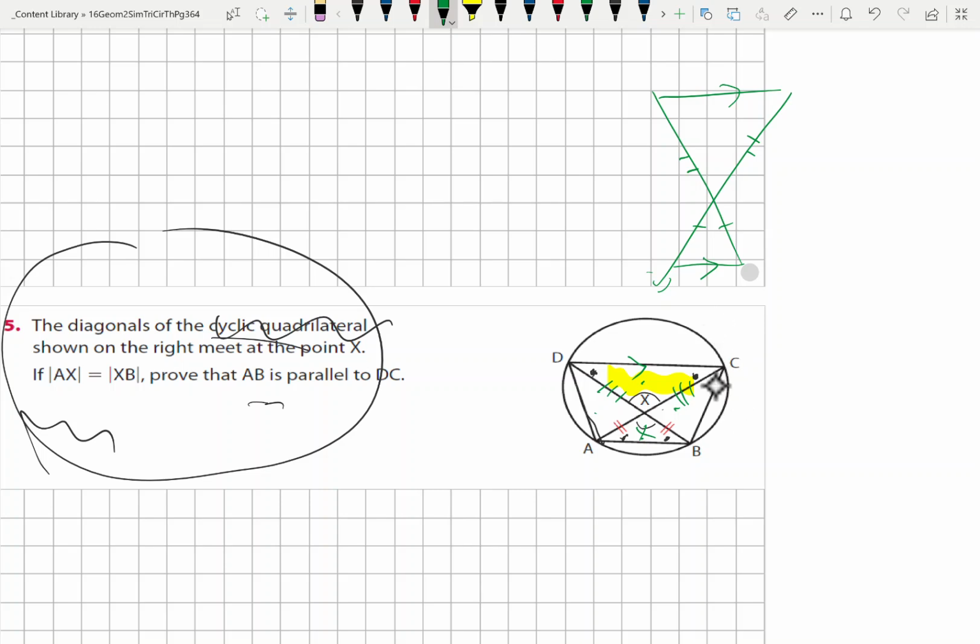So when all of that is done, you can add these two together and say these are alternate. One of the theorems about 2 lines and a transversal is that if the alternate angles are equal, then these are parallel.